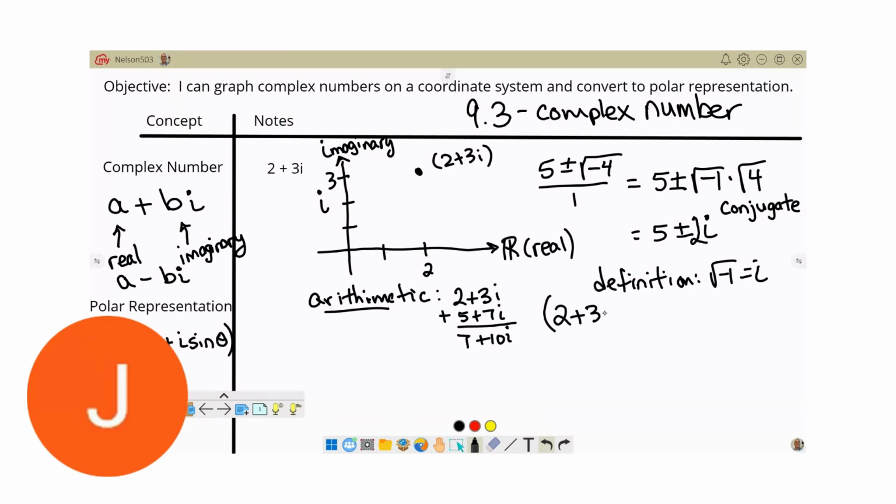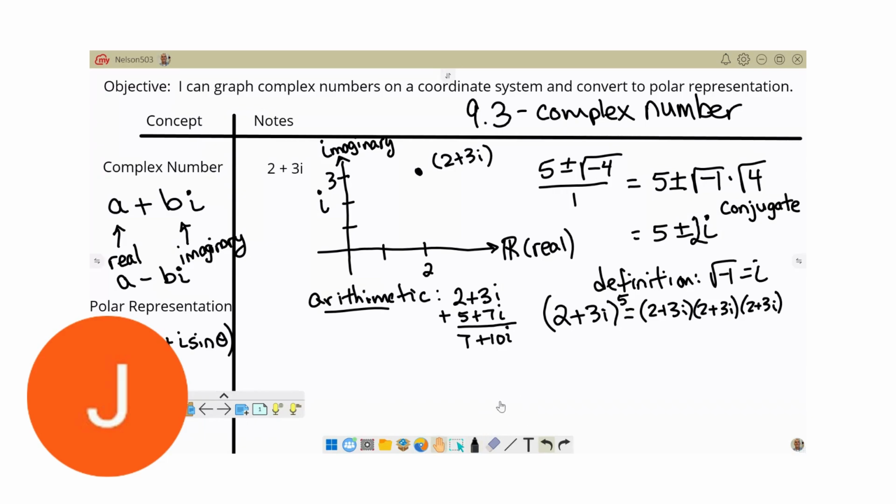Let's say you had 2 plus 3i, and you want to raise it to the fifth power. Holy moly. If you had it in rectangular format, you'd have to go 2 plus 3i times 2 plus 3i times 2 plus 3i, and so on. I don't have enough space here.